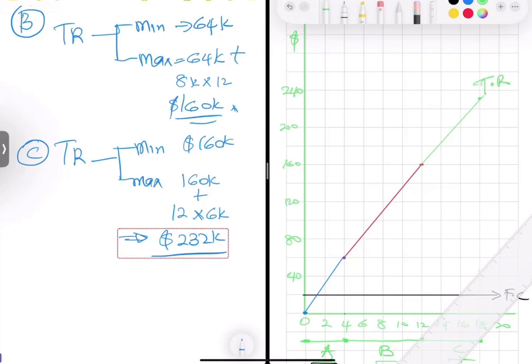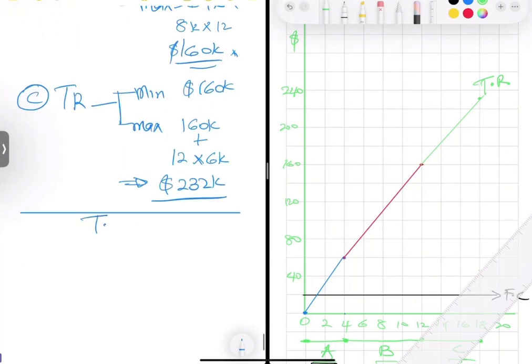So we have just one more line to draw, which is the total cost line. And we need to do the same thing for ABC, total cost line. And it's going to follow the same approach.